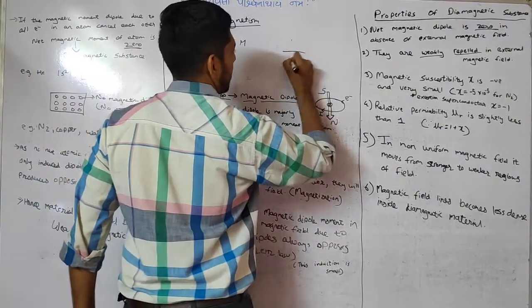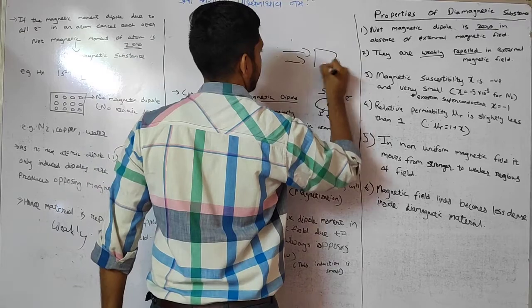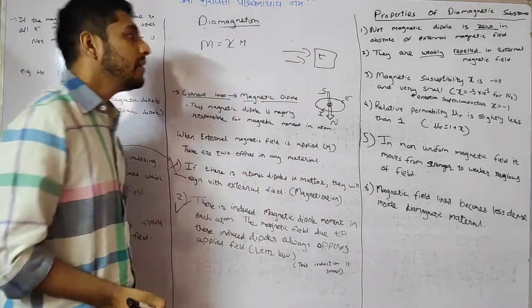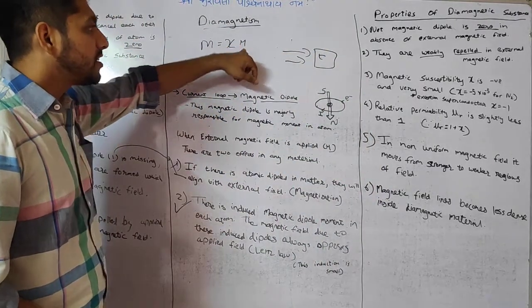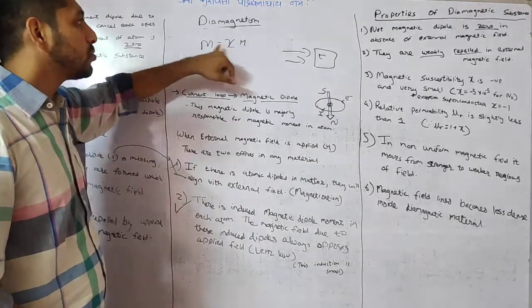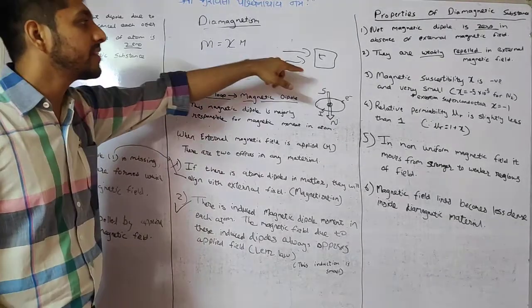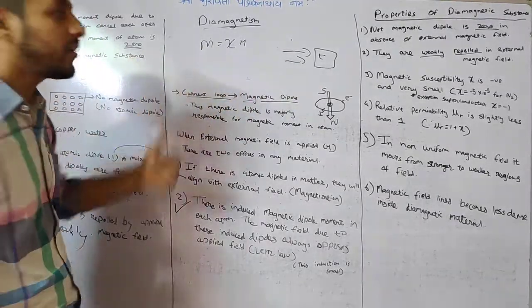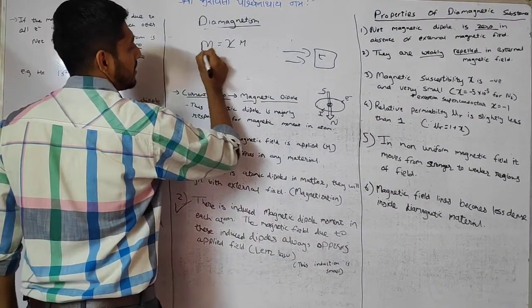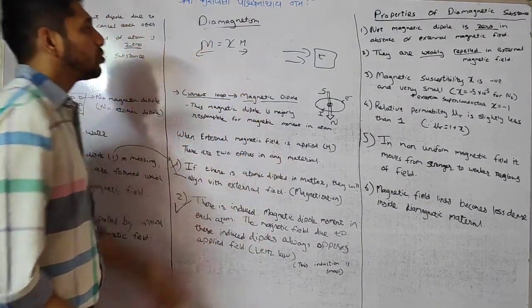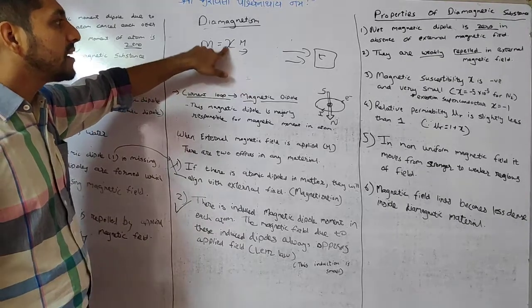If this is the external magnetic field, the internal magnetic field will be in this direction. So if this is positive, this has to be negative, because the directions of both are opposite. To get the opposite direction, chi needs to be negative.